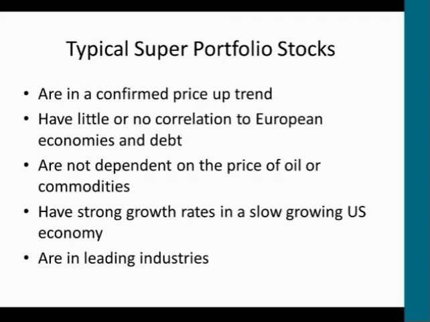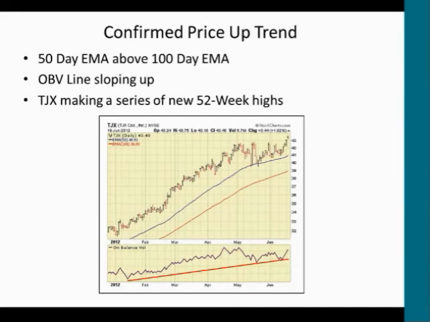It has little or no correlation to European economies or debt, and it's not dependent on the price of oil or commodities, which are collapsing because of the global slowdown. These stocks typically have strong growth rates, even in a slow-growing U.S. economy, and they're in leading industries.